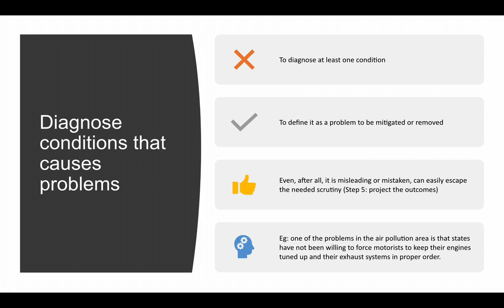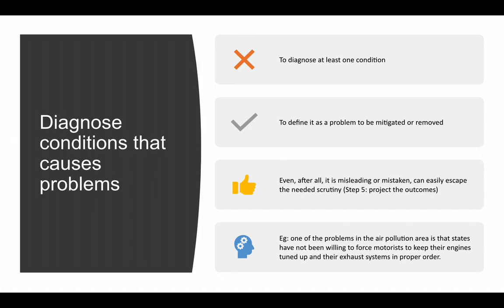Now, diagnose the conditions that cause problems. One important thing is you need to at least come up with one cause. Say the problem could be caused by factor A, factor B, factor C. But at least you need to come up with factor A and focus on it.